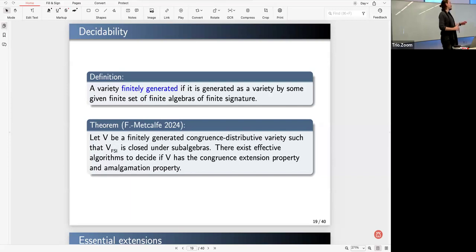And there are some old results, essentially from Keith Kearns and people like this, that tell you that for residually finite varieties, if you have the amalgamation property, then you do have the congruence extension property, right? So if that first step succeeds and you do have the congruence extension property, then you can check whether it has amalgamation. So it's a two-stage algorithm in a sense.